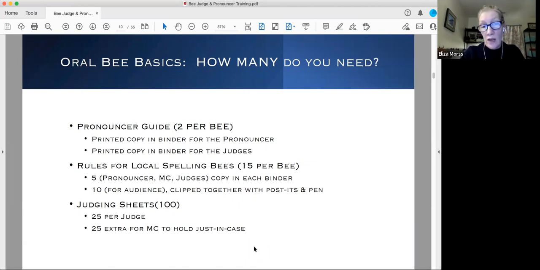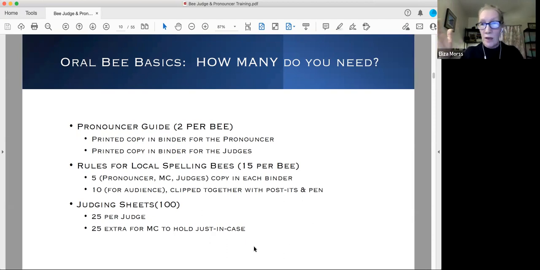And judging sheets. And I would say you need about 100 of those. And Scripps has a judging sheet you can download from their site, or you could use a simple piece of lined paper. The most important thing with a judging sheet is that you have a column for the spelling numbers, a column, at least for the first round, for the spellers' names, a column for the judges to write down the word, and then a 4th column for whether or not that word was correctly spelled or incorrectly spelled.